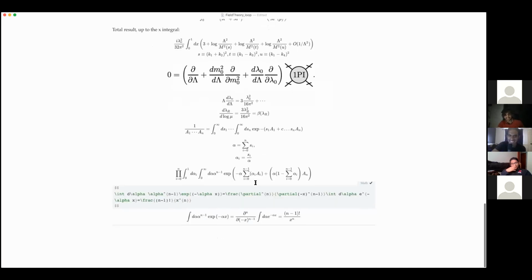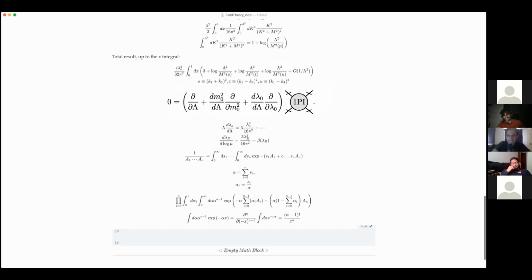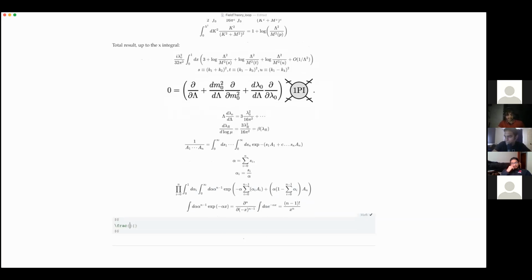Let's do this. Product. Sorry about the 0, but this is what I really meant. Minus 1 factorial times the integral.